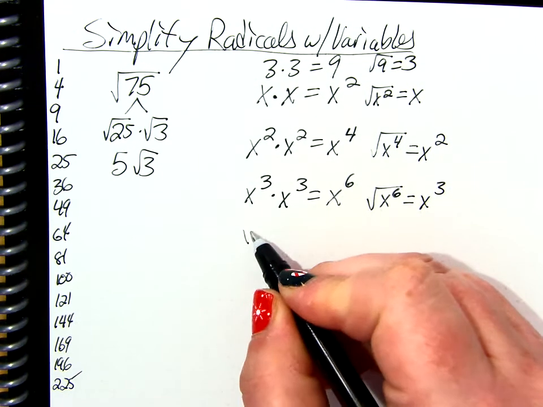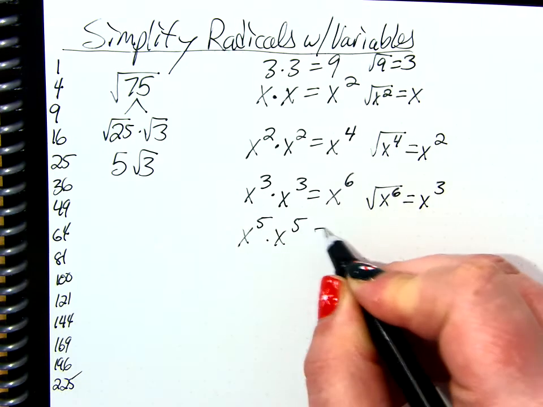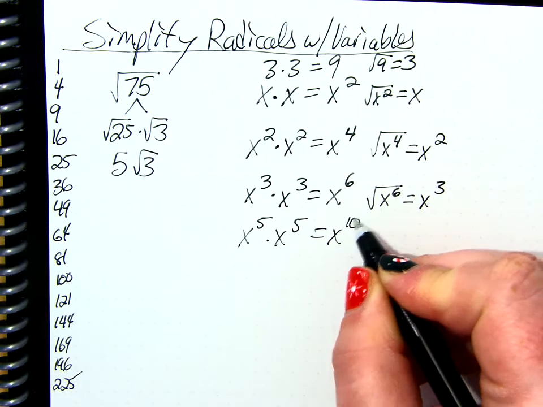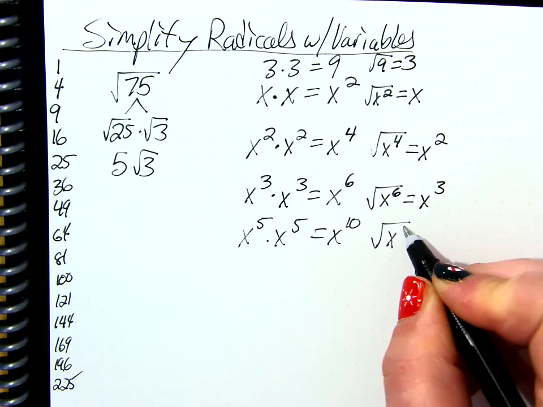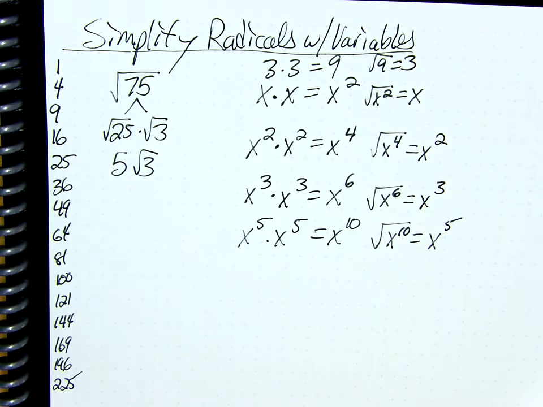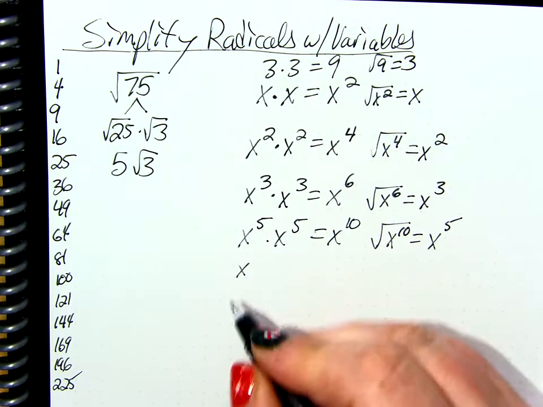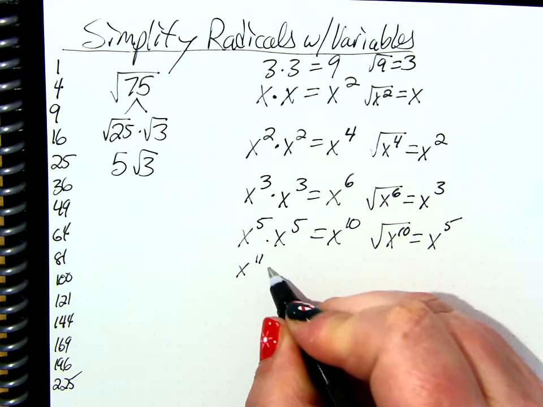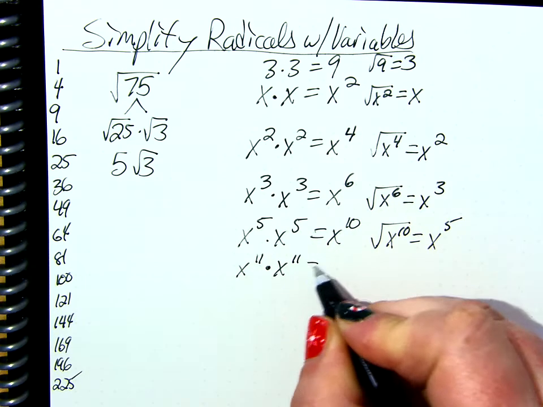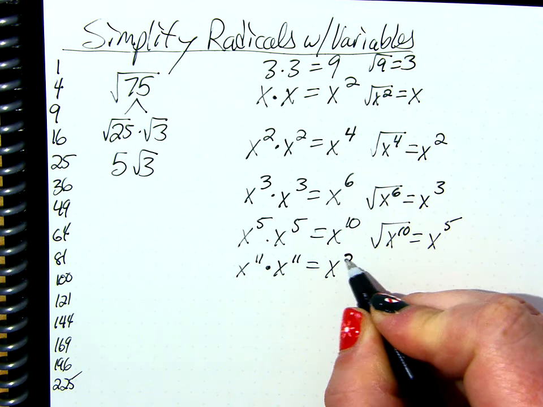Let's do another one. So if I had x to the, let's just jump to 5th. X to the 5th times x to the 5th would get me x to the 10th. So the square root of x to the 10th has got to be x to the 5th, right? So, are you seeing a pattern maybe? What if I did x to the, I don't know, 11th times x to the 11th would get me x to the 22nd.